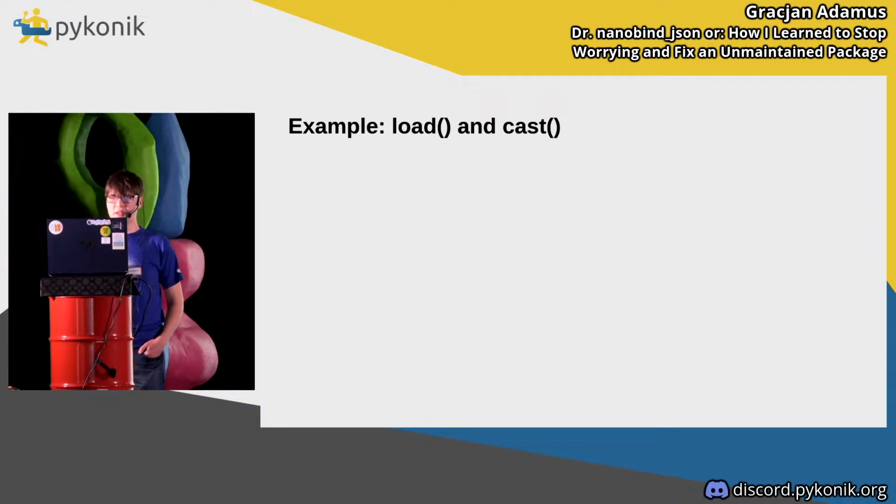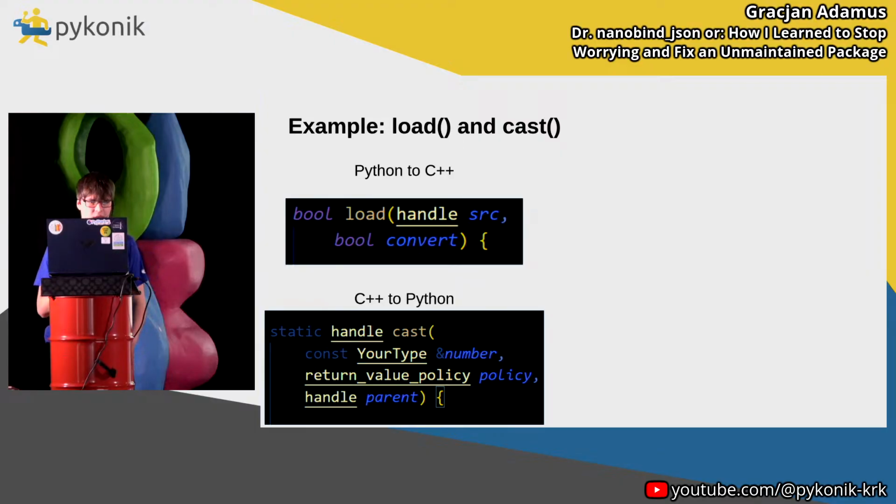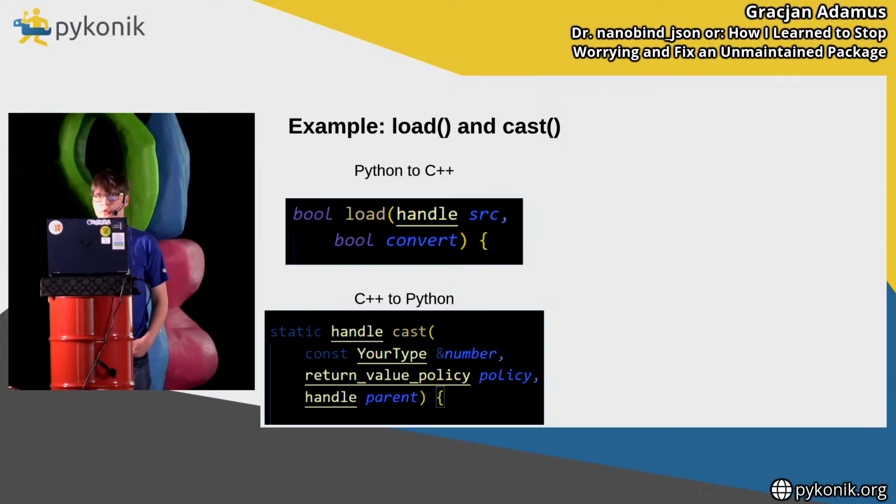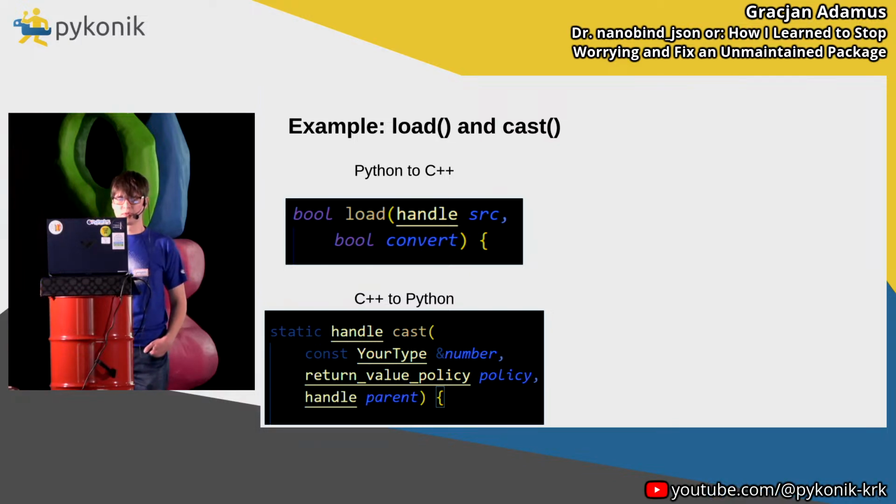And do you have an idea what those functions might be doing from just their name? Maybe not. They were the functions that you have to overload when you want to create a new caster for a new type. And load was responsible for, well, casting from Python types to C++, and cast was responsible for casting from C++ to Python.